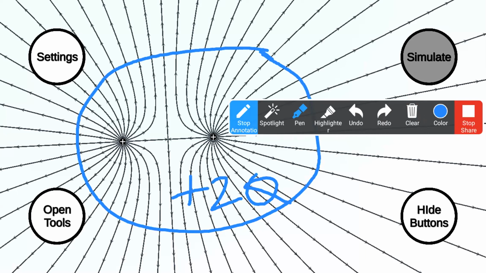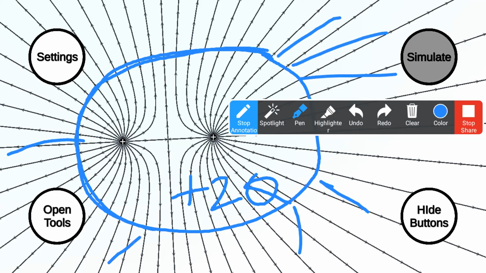Why? From that imaginary surface, what is happening? Only lines are going outward. It is equal to having 2 charges placed together inside. If you concentrate on the field lines outside, you can bring both the charges together. It is the same as plus 2q. Is it okay, sir?